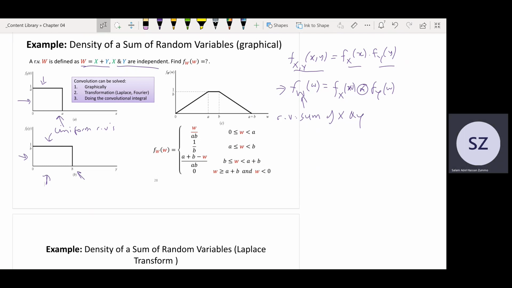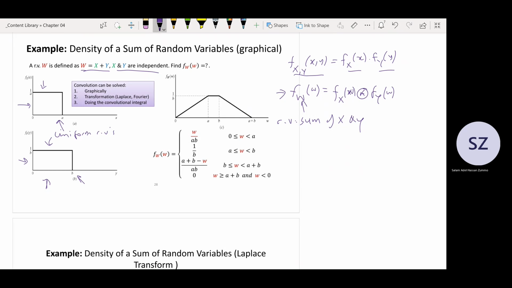Once you start crossing 0, so w becomes more than 0, the overlap is the common factor, and it will increase linearly as w keeps increasing. I'm talking about shifting and sliding it, so this will be w, and this will be w minus b.